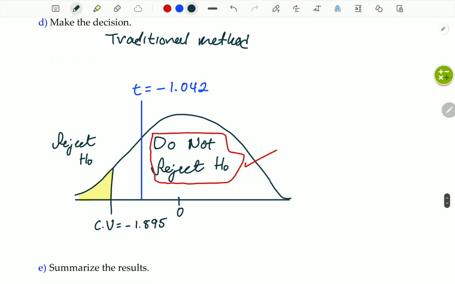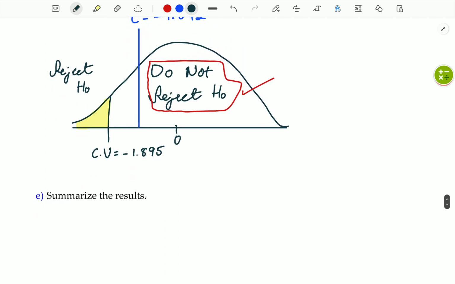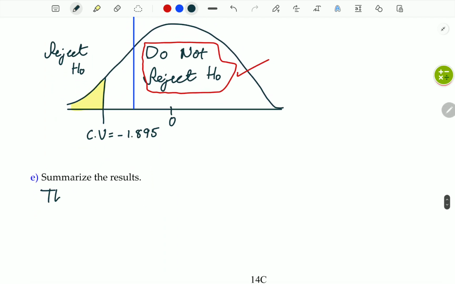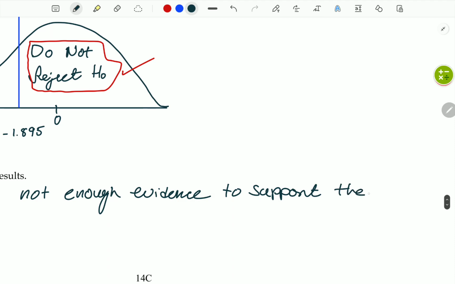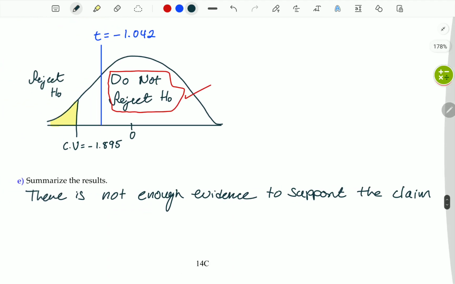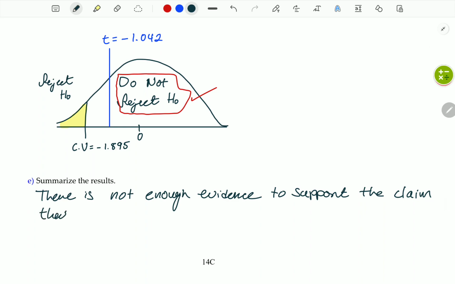And because we did not reject the null hypothesis, to summarize our results, we state that there is not enough evidence to support the claim that female employees earn less than male employees.